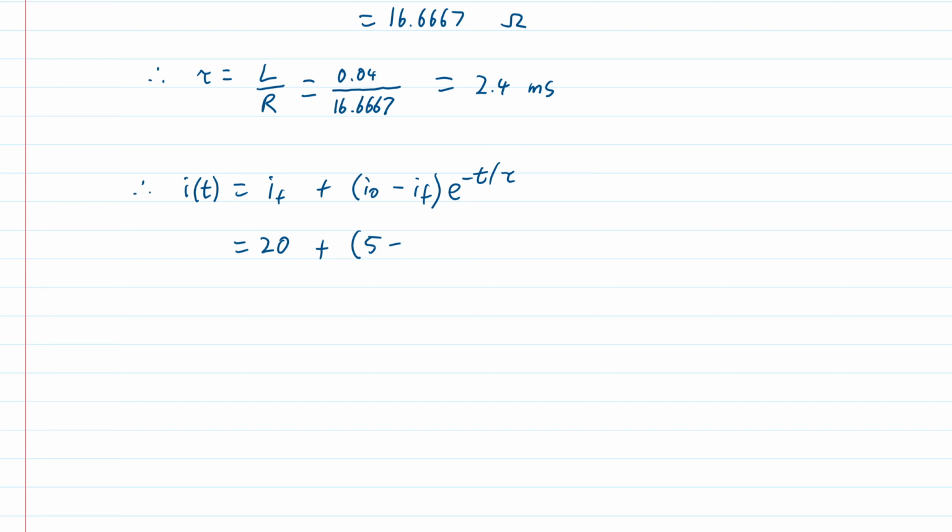So 5 minus 20, e to the negative t divided by 2.4 milliseconds, so 0.0024. And of course, we can clean up those numbers a little. So 5 minus 20 is 15. So minus 15 e to the negative t divided by our time constant. So that's 0.0024. And that's the final answer.